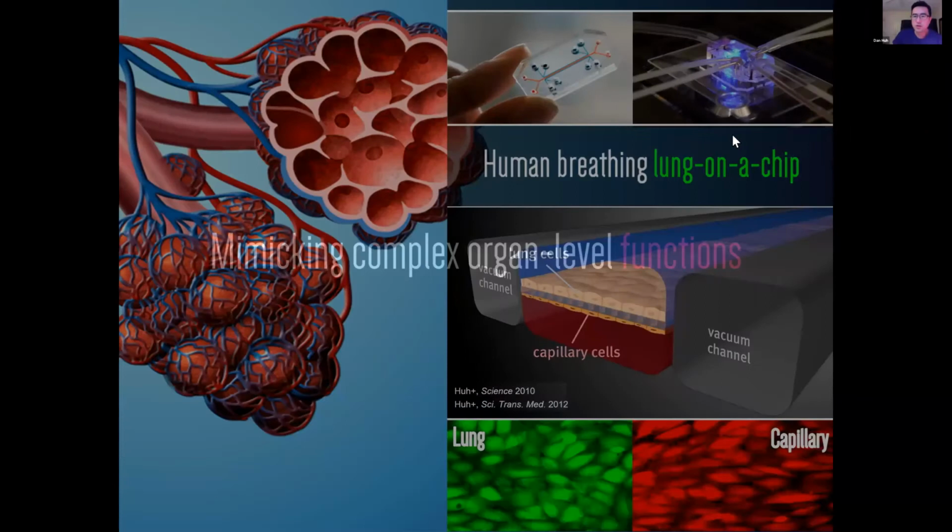Okay, so I was just saying, two important things to achieve are to mimic the structure and mimic the environment. But one of the reasons why many people are very excited about this organ chip technology is because of what I'm showing here. Using these more sophisticated, more complex organ chip in vitro model systems, we can now start thinking about mimicking more complex organ-level functions and responses, not tissue or cell level responses, that arise from multiple tissues talking to each other.